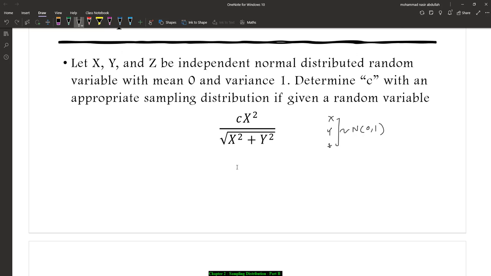And then we know from theorem number 2, the square of a standard normal distribution has a chi squared distribution with 1 degree of freedom.